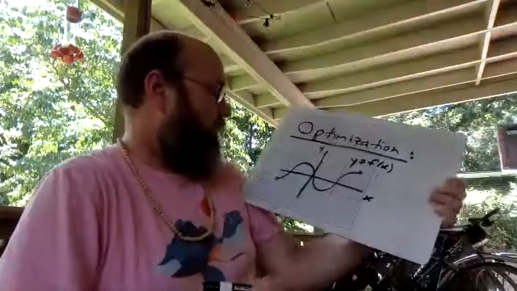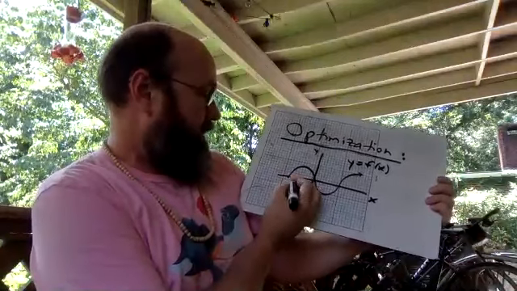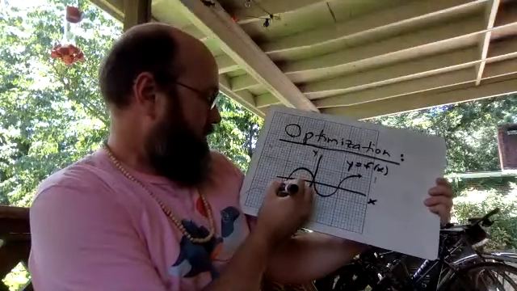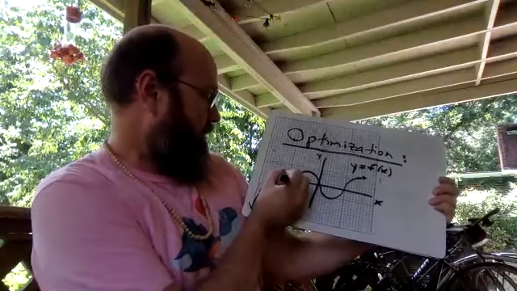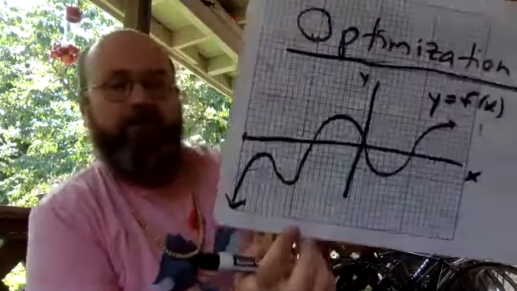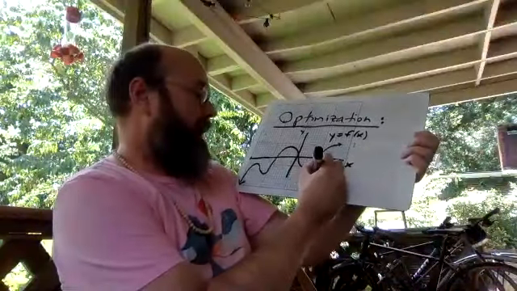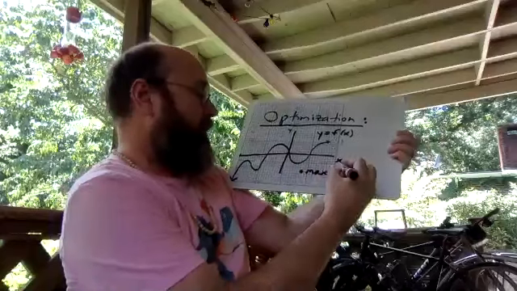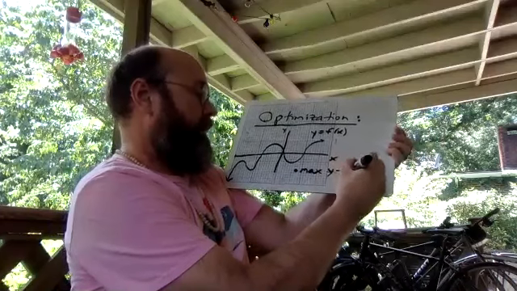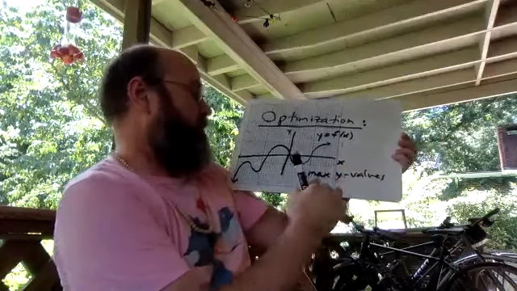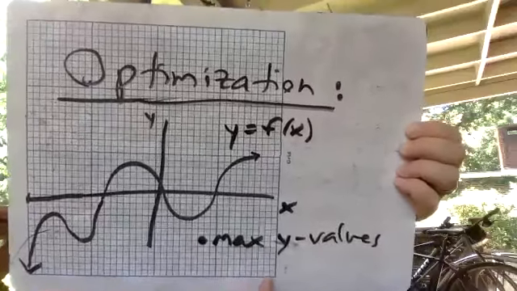Okay, so what are the maxima and minima? Let me put a few little humps in there just to make it a better example. Well, the maximum values, the maximum y values, that's what we talk about. When we're talking about maximum values, we're talking about the y values, not the x values. The heights.